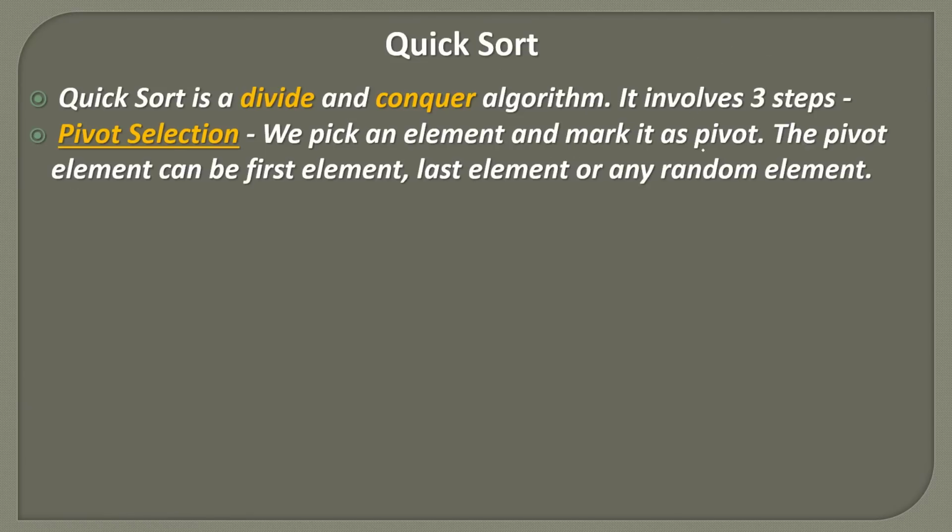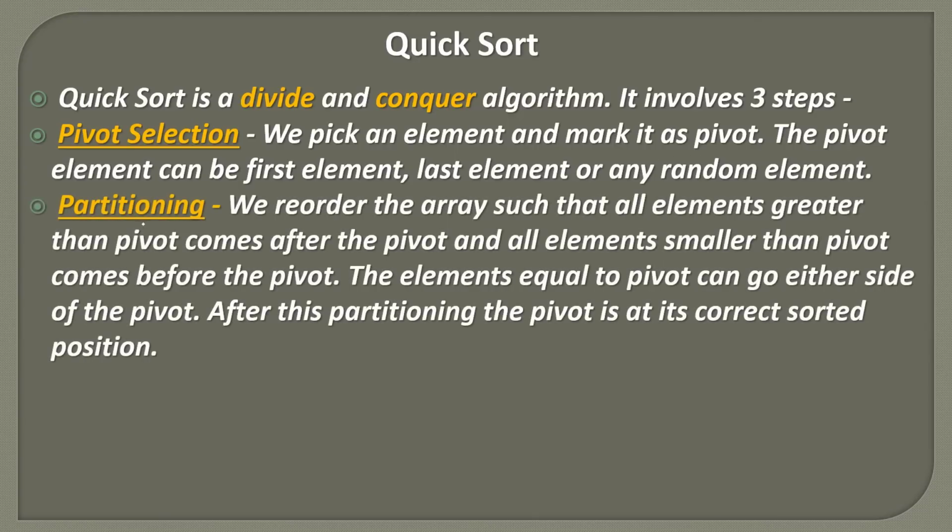After taking a pivot, we partition the array. By partitioning we mean that we reorder the array such that all elements greater than the pivot come after the pivot, and all the elements smaller than the pivot come before the pivot. The elements equal to the pivot can go on either side.